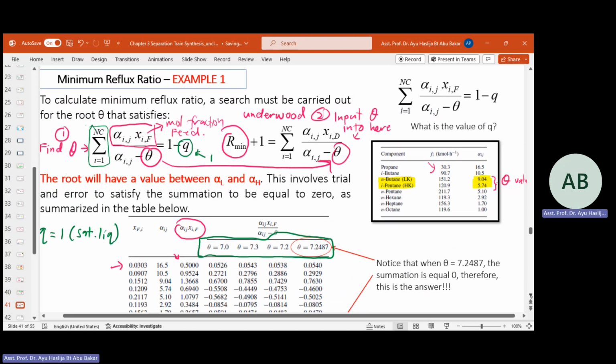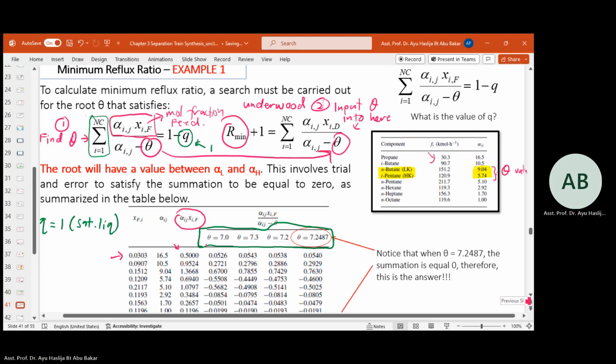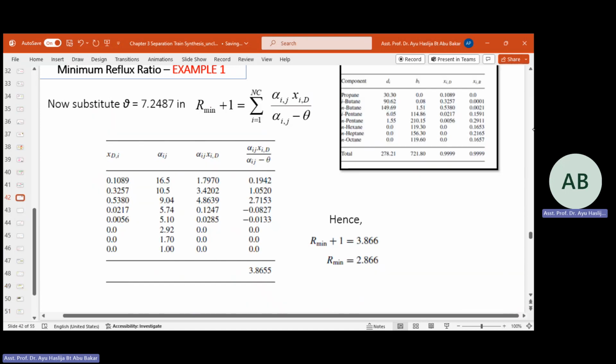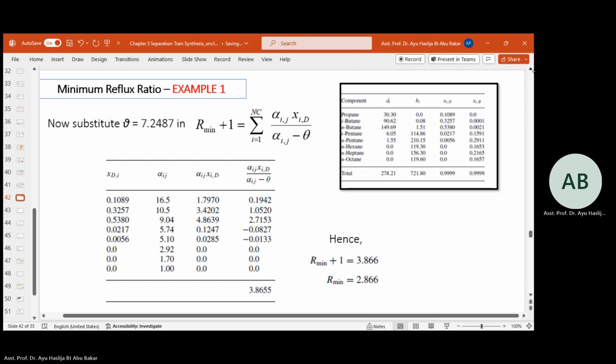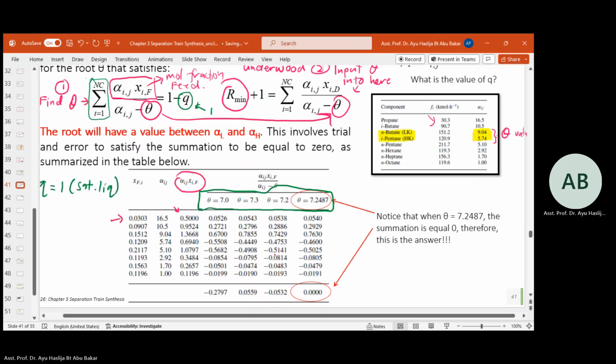So that's why you see over here the trial and error values, it shows you 7, 7.3, 7.2, and 7.2487. This one shows you when it is closer to 0. Okay, the summation, the total should be 0 over here.